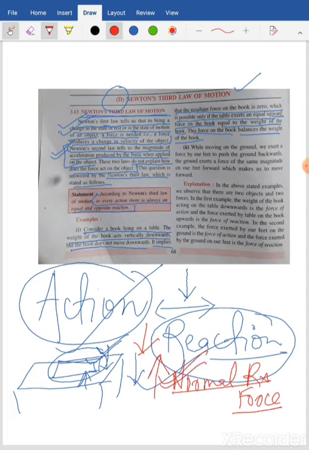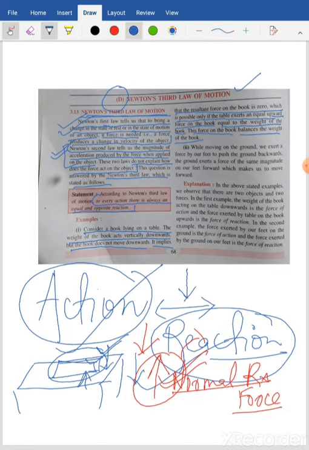So here the normal reaction force is acting in the upward direction, which means this is a reaction force. So to every action there is an equal and opposite reaction. Here the action done by the weight of the book in the downward direction is producing a reaction force in the upward direction due to the table.